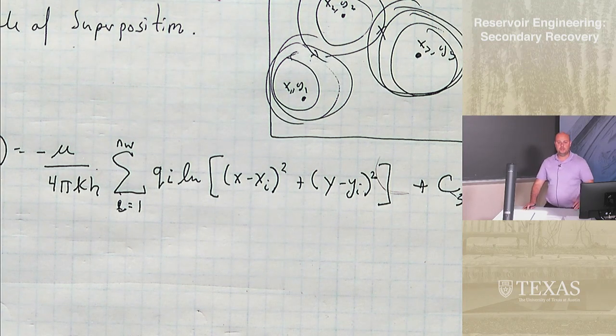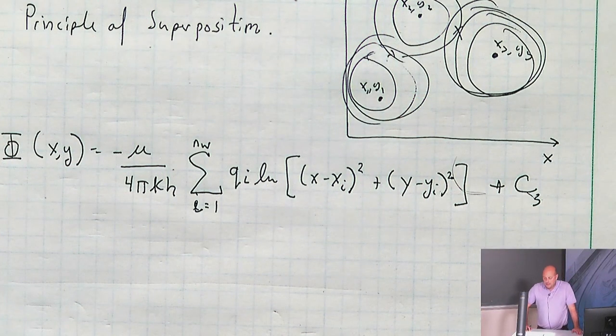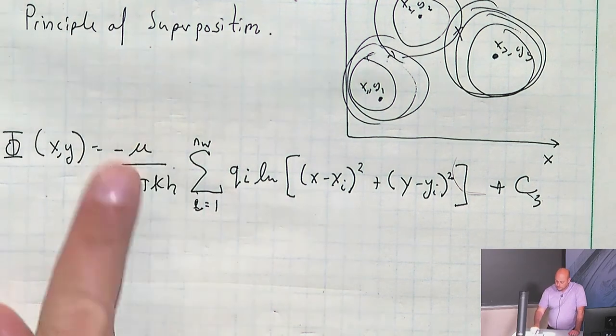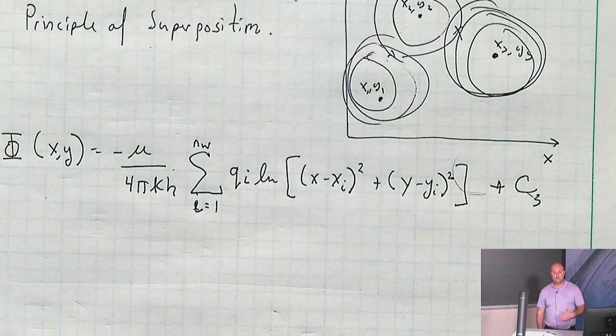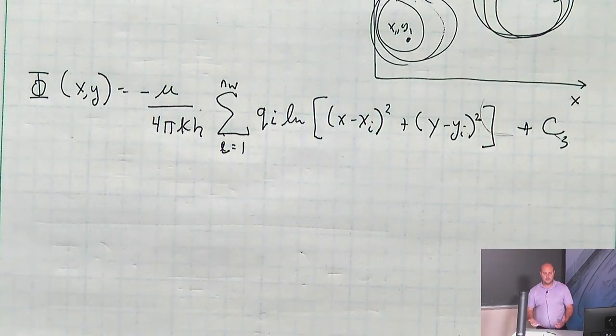Okay, one could be injecting at 500 barrels per day, and the other one could be injecting at 1,000 barrels per day. Another well could be a producer well, in which case it would have an opposite sign. I did assume in this problem that the permeability, the thickness, and the viscosity are uniform and homogeneous. That may not be true, okay, but really we're trying to come up with solutions to help us understand this areal displacement efficiency.